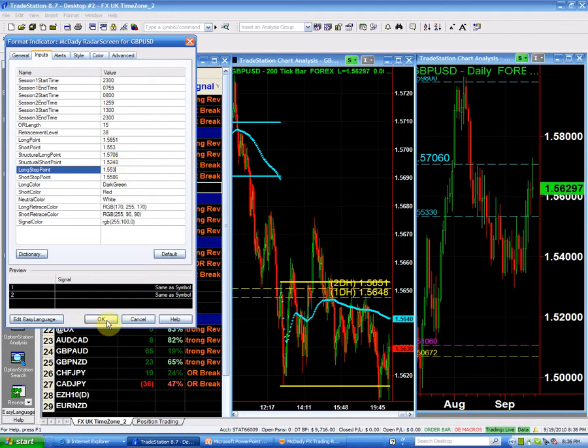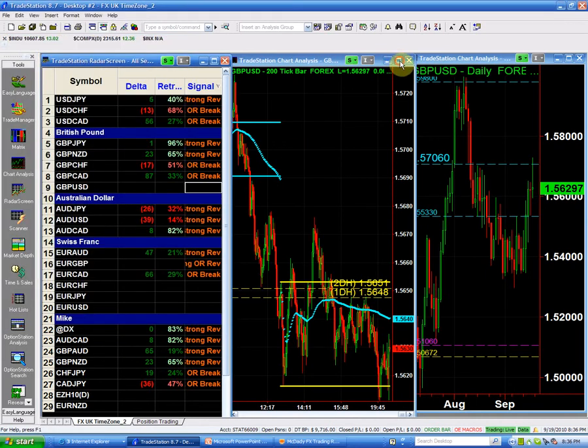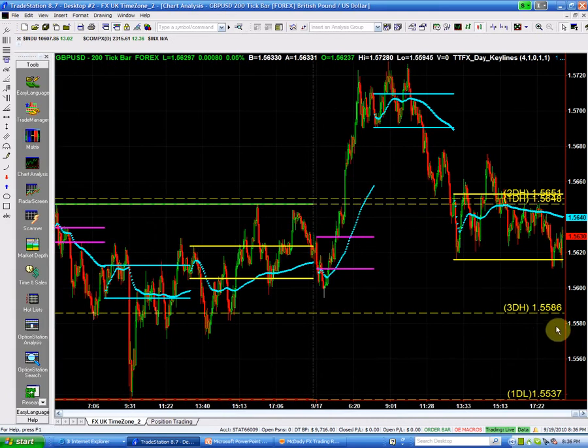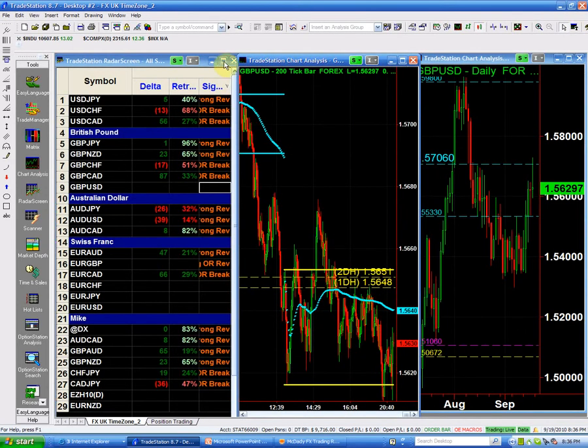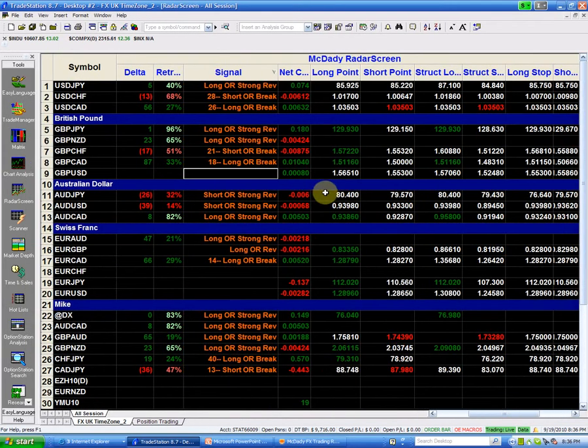And if I'm going to go short below 155.86, I'm going to place my stop above the 156.48. I have confused you guys. So the short stop is 155.86. The structure short is 152.48.